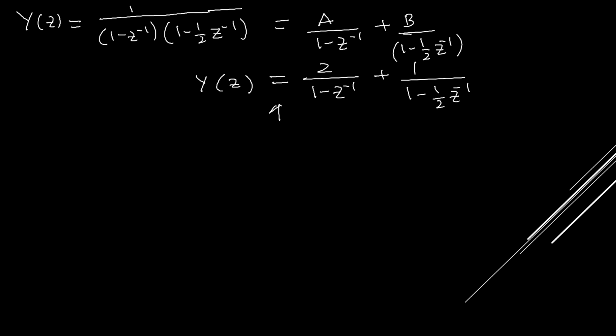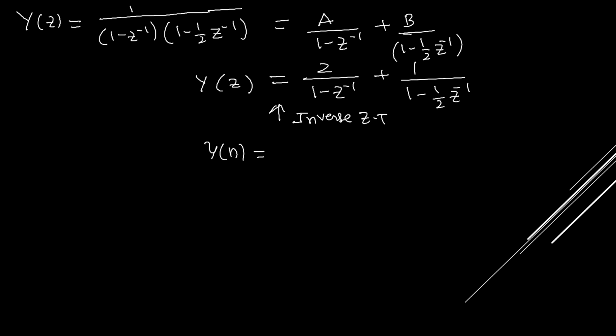Now you can use the standard formulas to convert into the inverse z transform. Now you apply inverse z transform on both sides. So Y(z) inverse z transform is y(n).